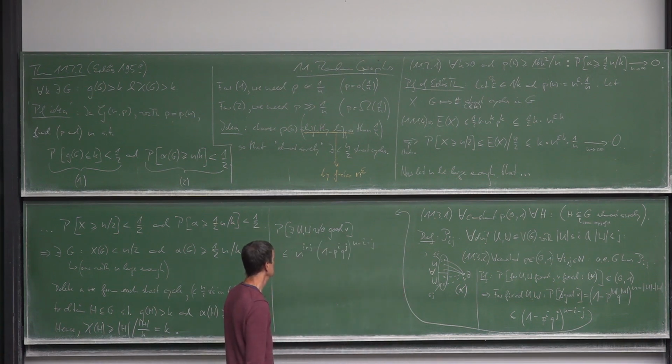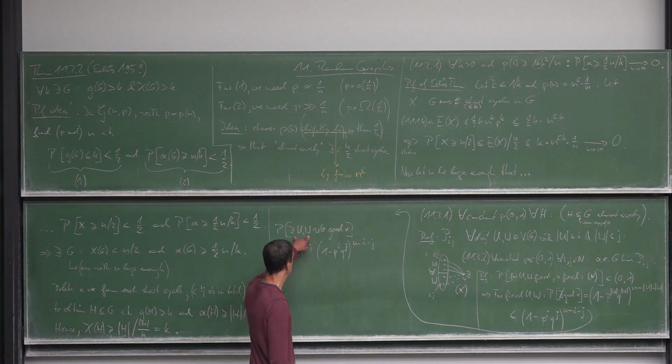So that's the probability that the theorem fails, that there's a bad U and W.